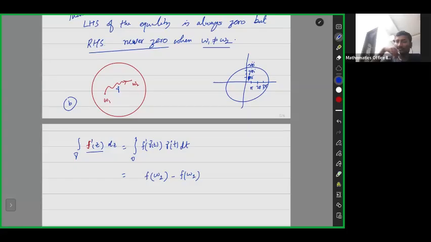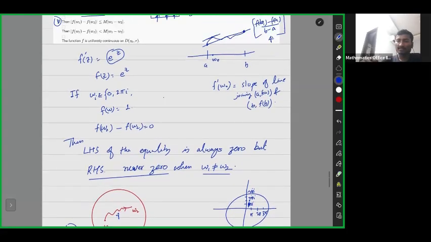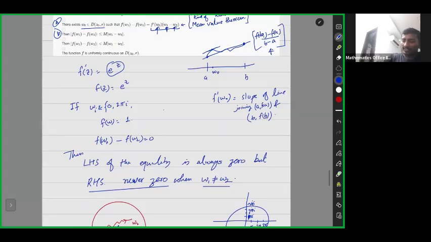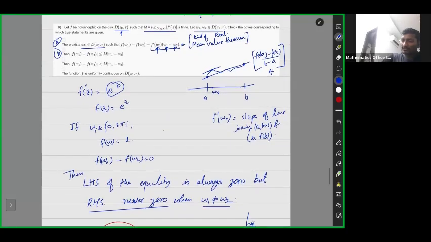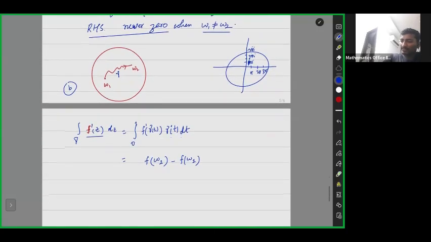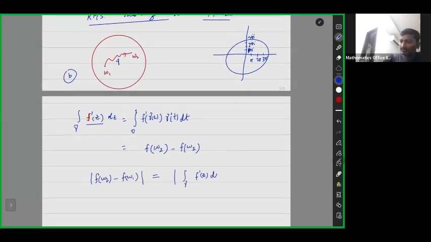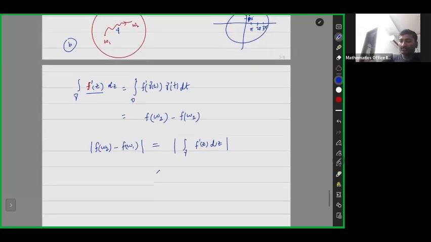So the left side is equal to this. What about the right side? We take the modulus of f(w2) minus f(w1), which is the same as the modulus of the integral over gamma of f prime z dz. And if you remember, there is an inequality for this integral. Do you remember this inequality?